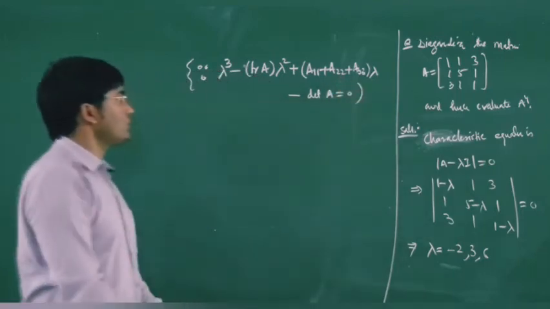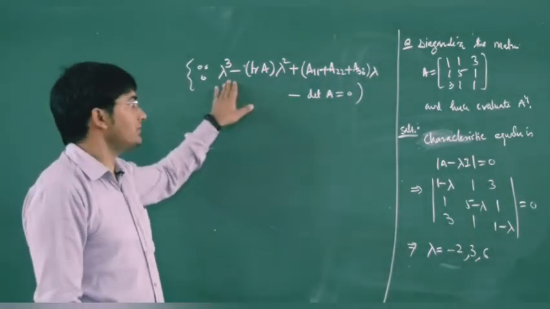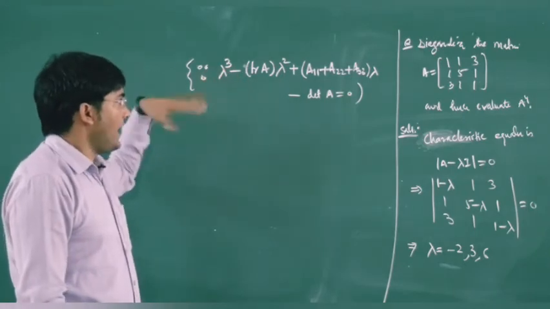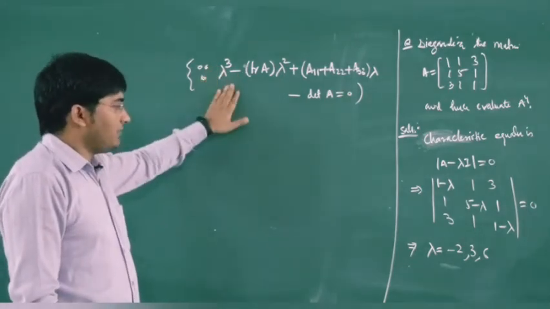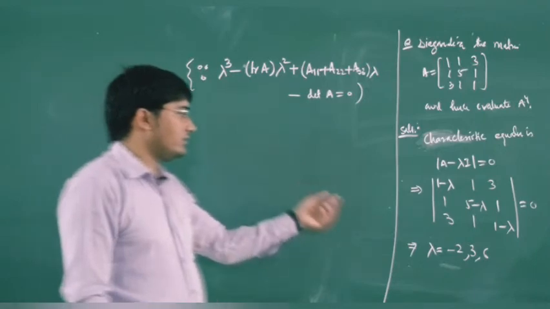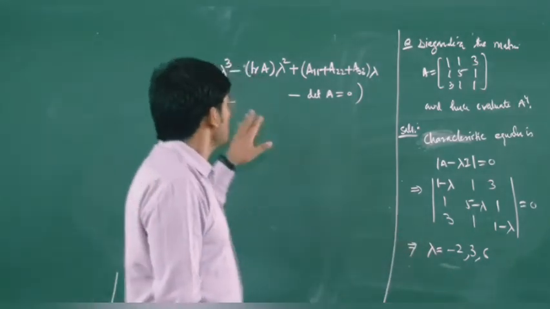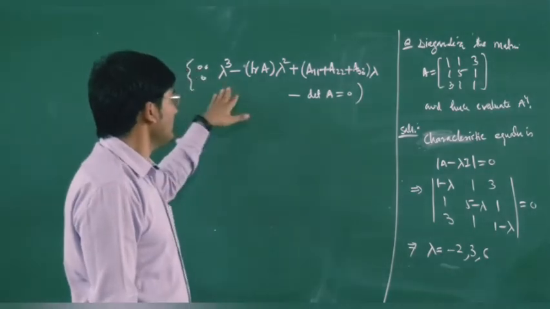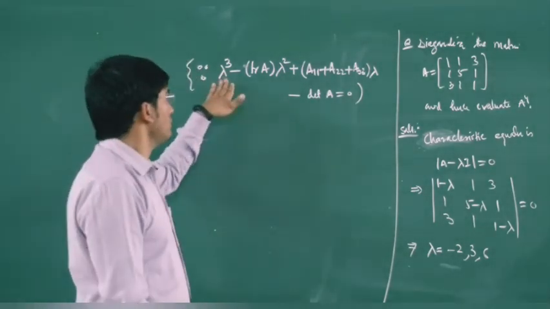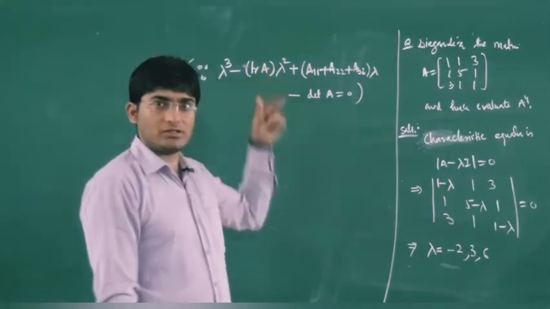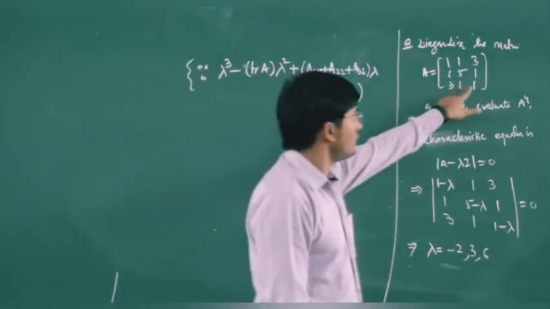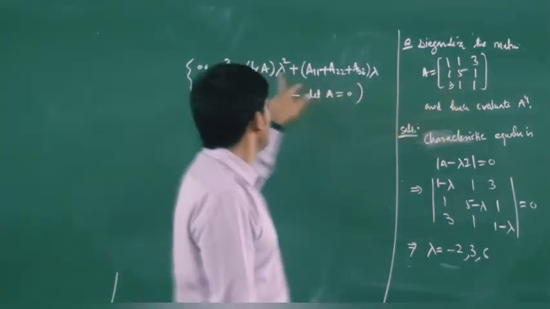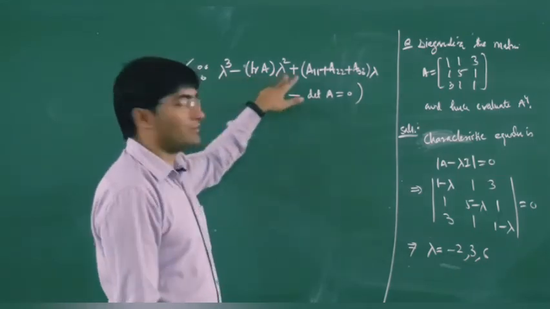Now with the help of this equation we can easily get the characteristic equation, and with the help of this characteristic equation we can get the roots. So if you want to obtain the characteristic equation directly, this is your formula, which is lambda cube minus trace. Trace means sum of the diagonals. So this is 1 plus 5 plus 1, which is 7. So we have lambda cube minus 7 lambda square.